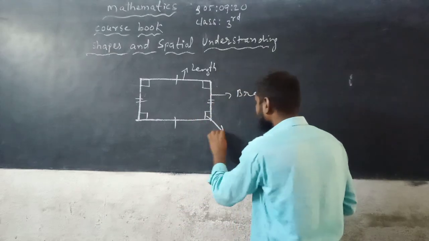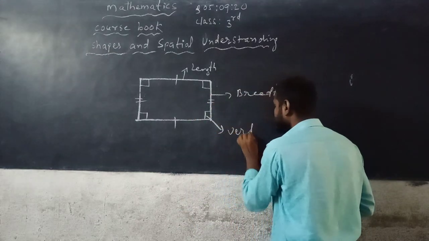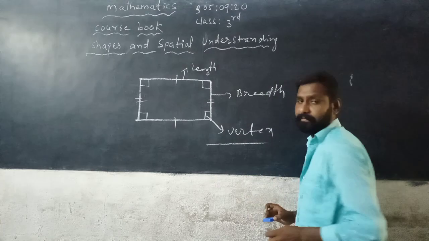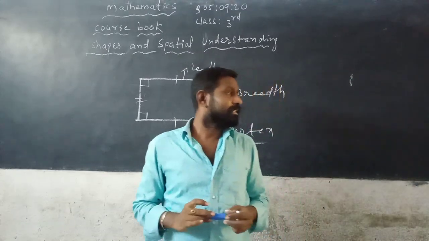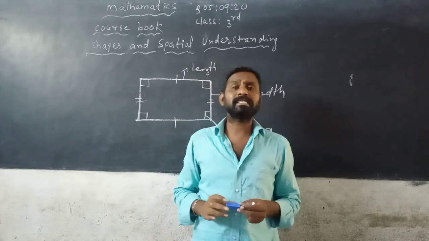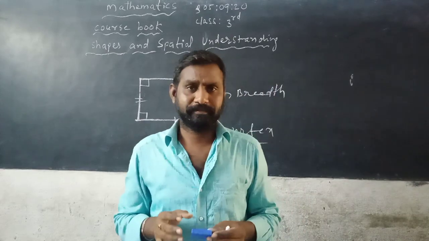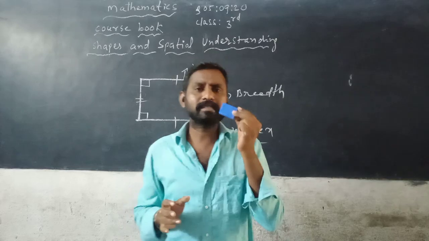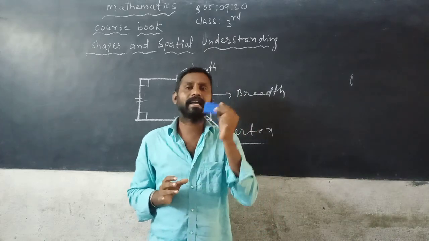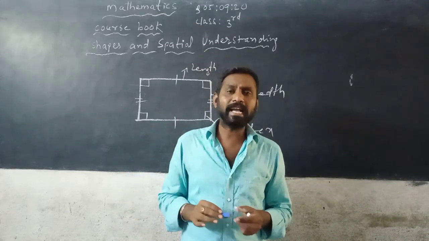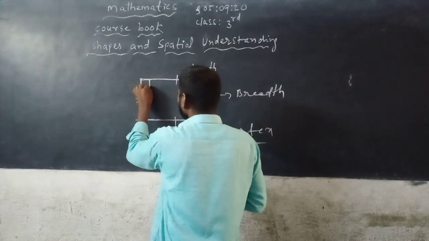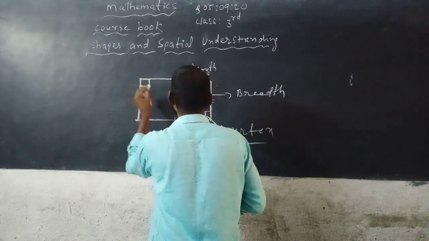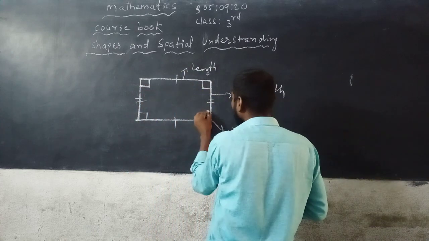This is a corner, meaning vertex. In a closed figure, if the opposite sides are equal in length, then it is called a rectangle. All the corners are right angles.